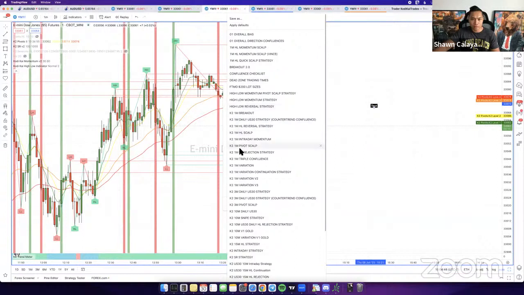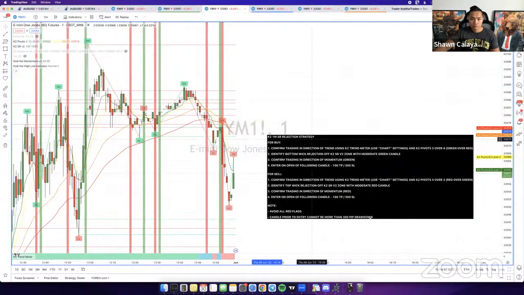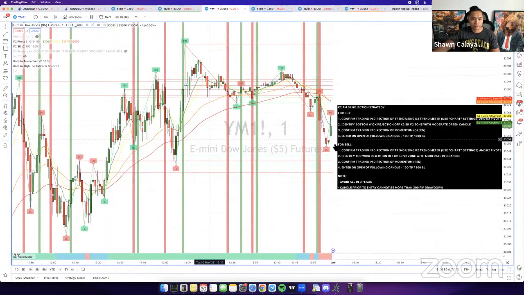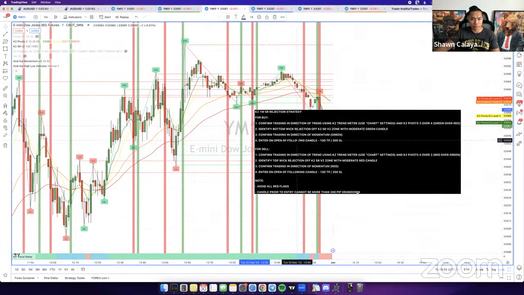All right, so let me show you guys the SR rejection scalp. This strategy is typically used when the market's going sideways. So we do have a sideways market over here.